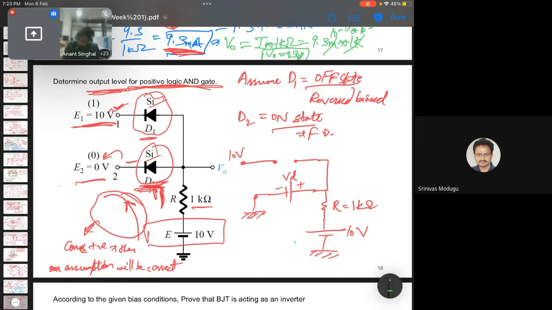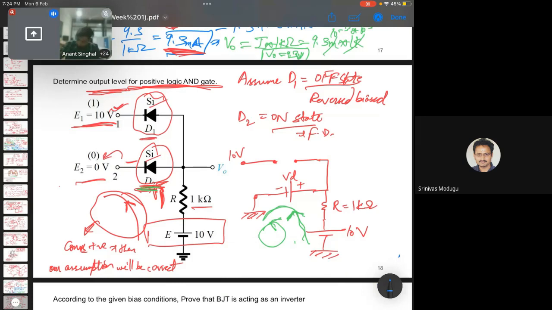Now we have taken the assumption that D2 is in forward bias, so the current will flow in this direction, anti-clockwise basically. We'll try to solve it.